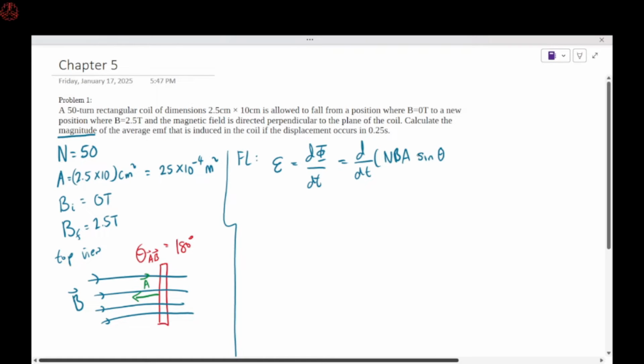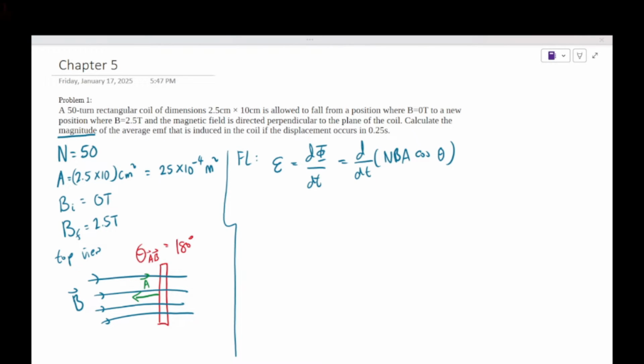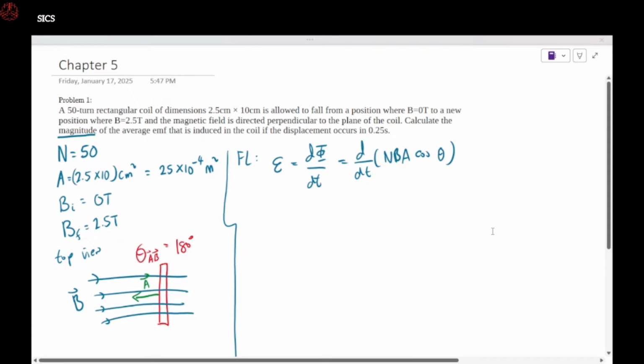Sorry, it should be cos theta. Cos theta, that is for the product. All right, so let's not make that mistake again.